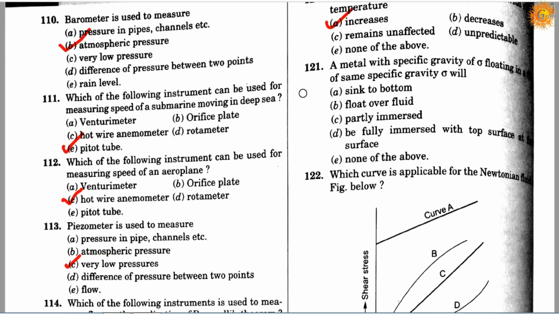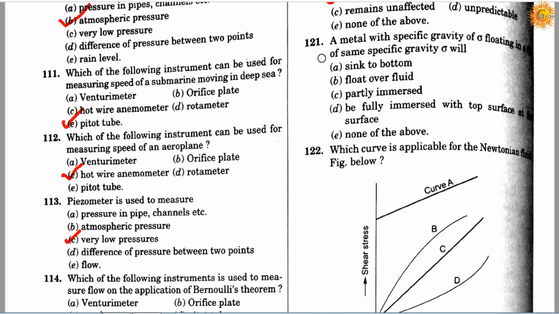Question number 121. A metal with a specific gravity of sigma floating in a fluid of the same specific gravity sigma will: option A is sink to bottom, option B is float over fluid, option C is partially immersed, option D is be fully immersed with top surface at fluid surface, and option E is none of the above.